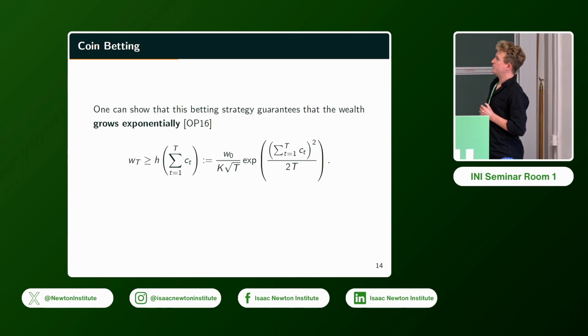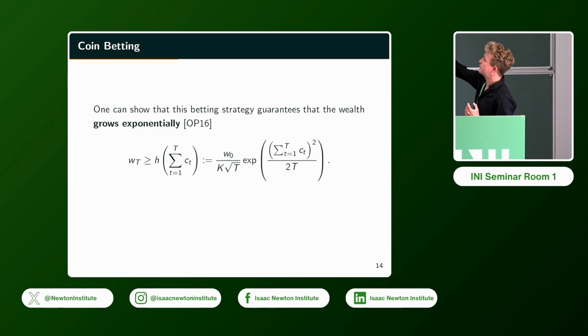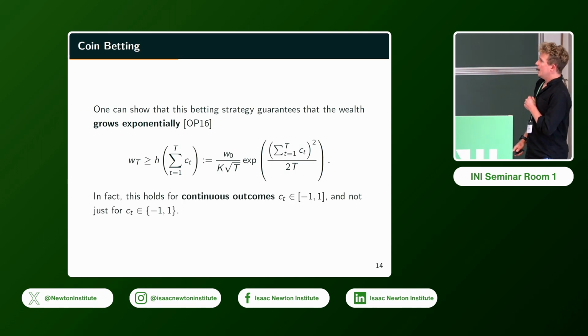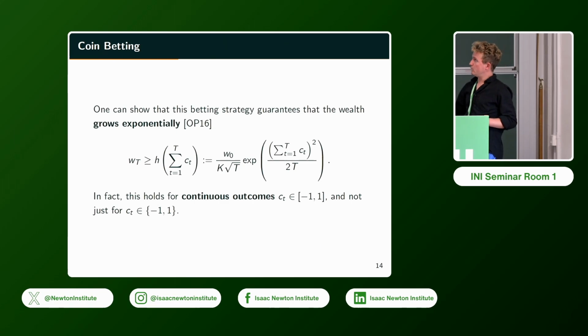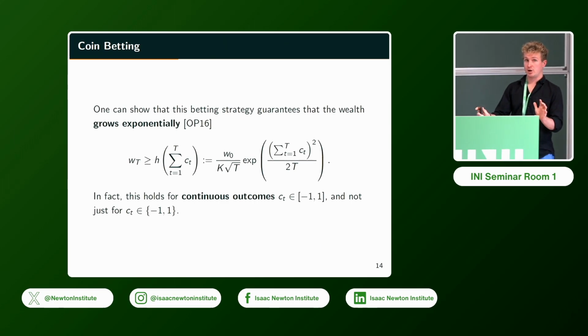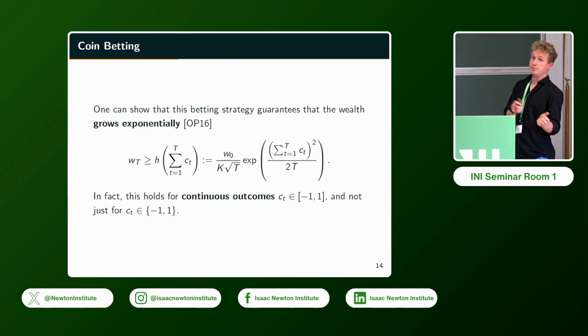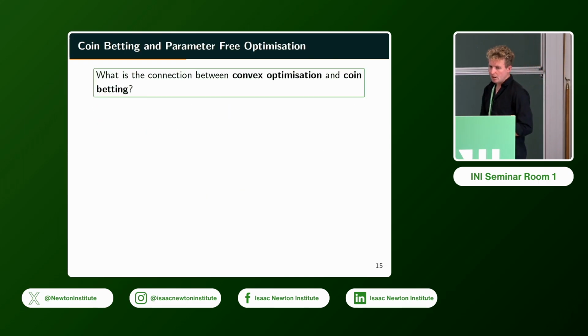If the sum of the outcomes is equal to 0, clearly this thing doesn't actually grow exponentially. So it's exponential as a function of the sum of the outcomes squared. And in fact, in a paper from 2016, it was shown that this actually holds for continuous outcomes between -1 and 1, and not just for outcomes either being -1 or 1.